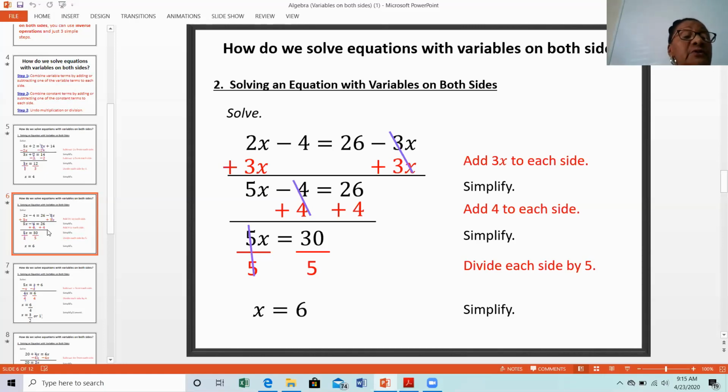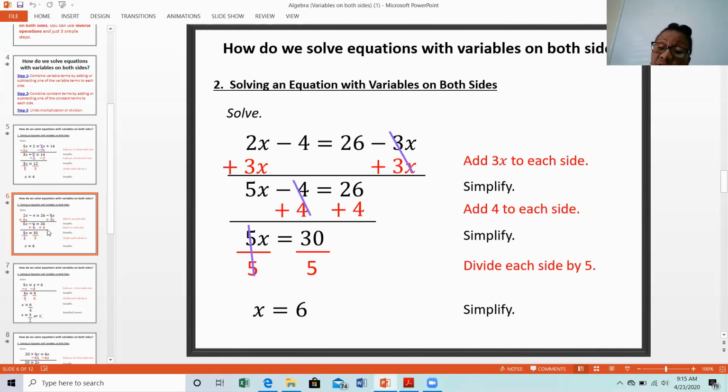Our step number 2 says that we must combine our constant term by adding or subtracting. What is our constant term? We can say -4 or take away 4. The opposite of that is add 4. So when we add 4, the -4 and +4 cancel out, and we're left with 5x is equal to 30.